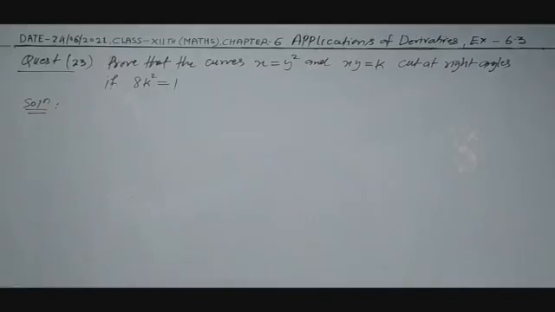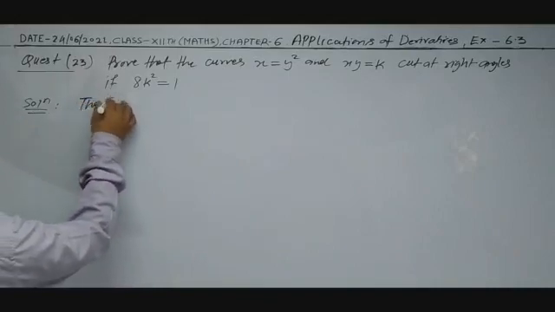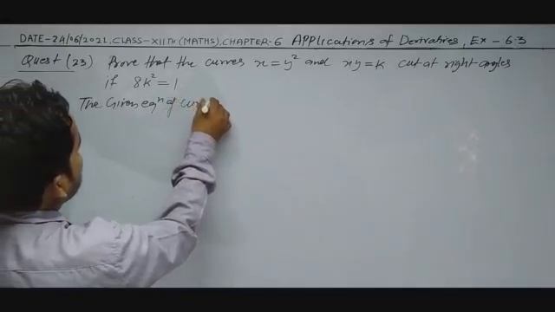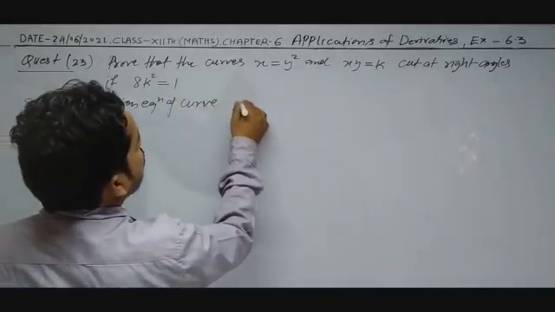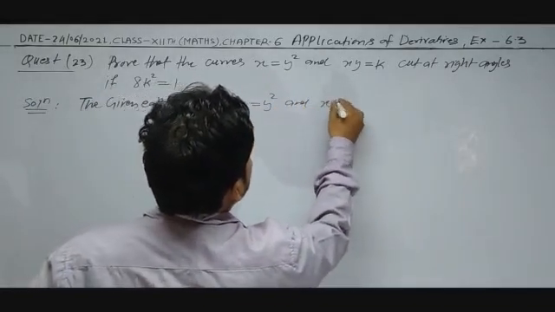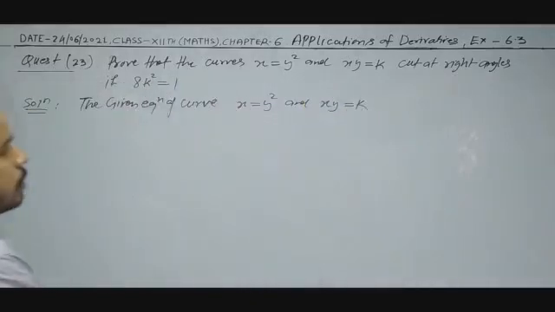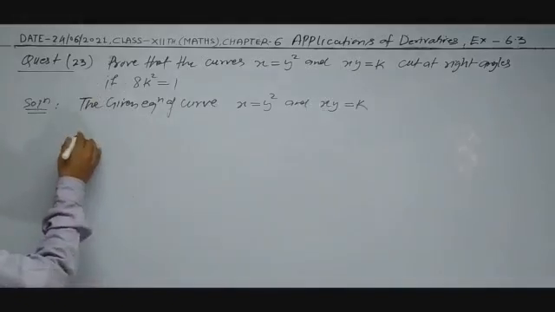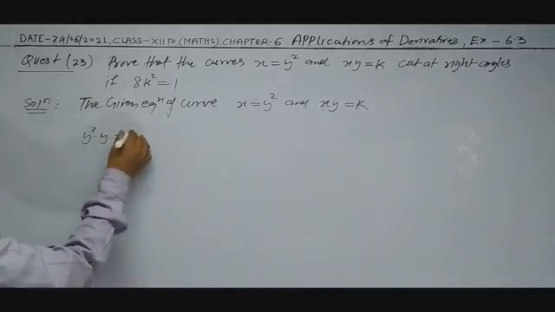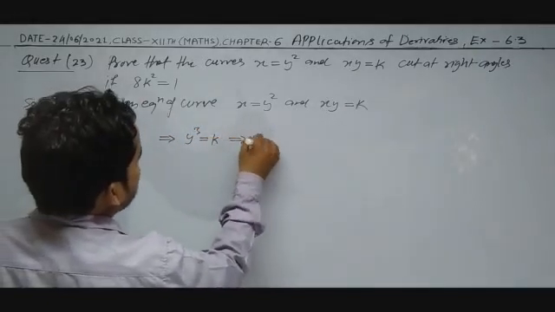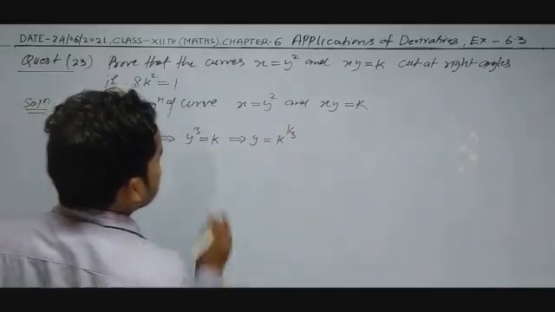So what is the given equation of the curves? That is x is equal to y square and xy is equal to k. When you put x is equal to y square in this equation, you get y square into y is equal to k. This implies y cube is equal to k. This implies y is equal to k to the power 1 by 3.